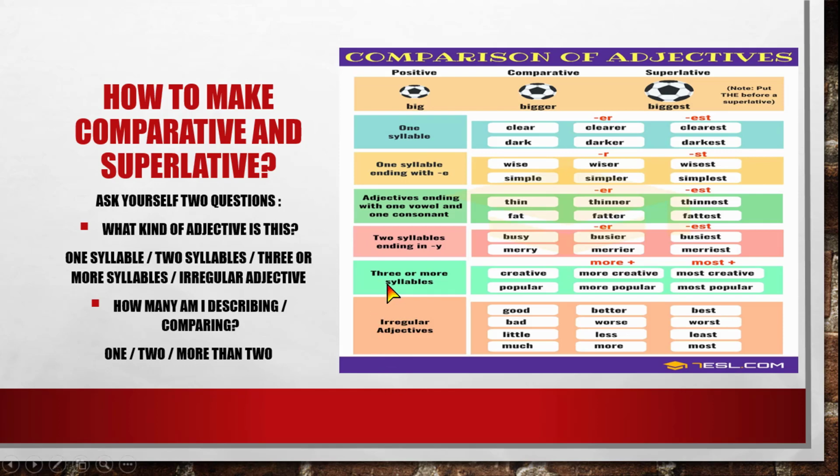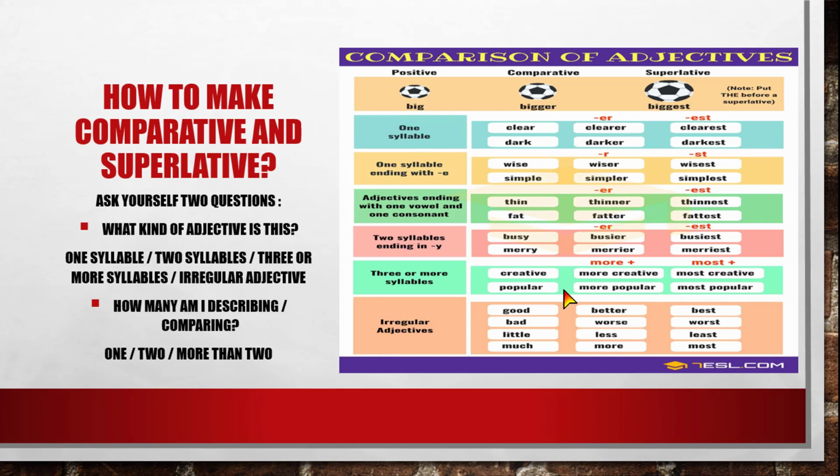For adjectives with three or more syllables, you make the comparative form by adding more before the adjective, or most before the adjective in the superlative form. So in the comparative, you add more before it, and in the superlative, you add most before it. All of these adjectives follow this rule. They don't go away from this rule.